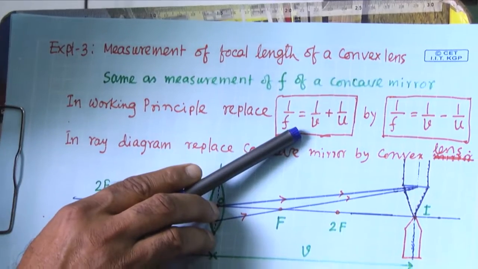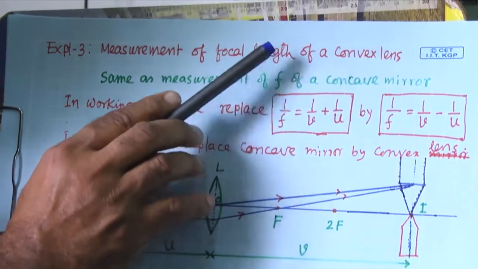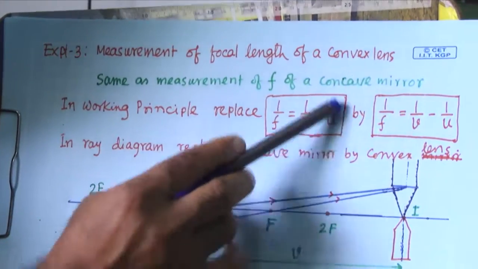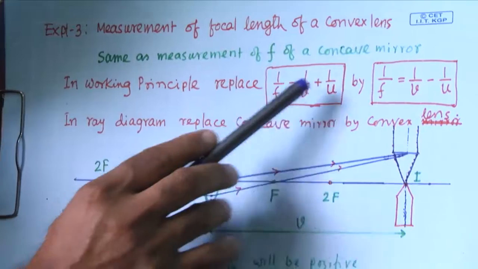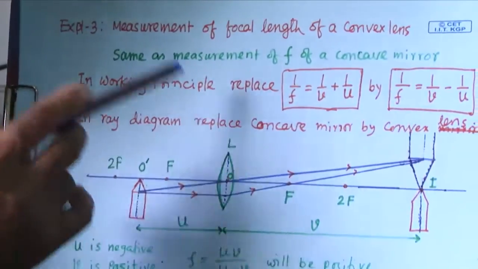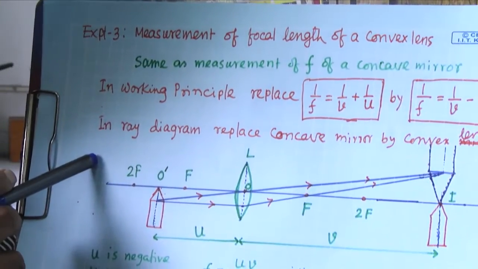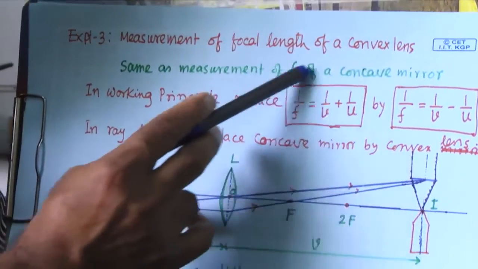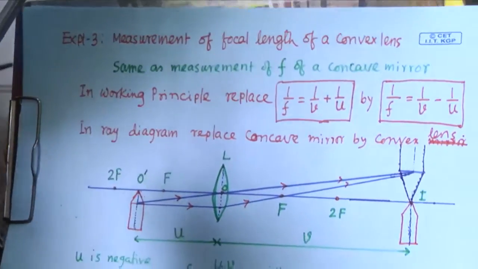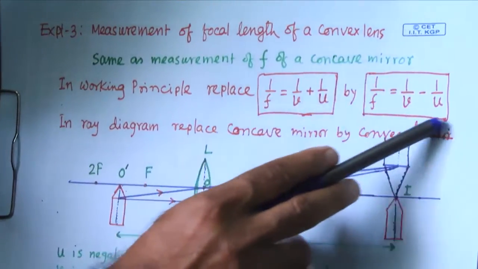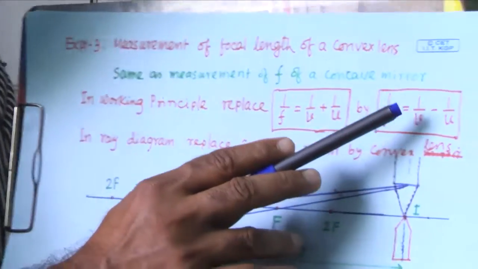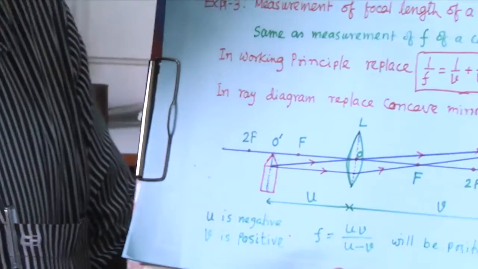Now, for a lens, this formula has to be replaced by 1 by f equals 1 by v minus 1 by u. In concave or convex mirrors we use the mirror formula, but for a convex lens or concave lens we will use 1 by f equals 1 by v minus 1 by u, right.